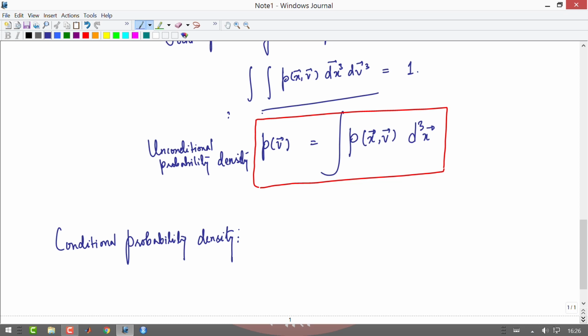Now here you are not saying that I don't care about the remaining subset of the random variables. If you want information on x, you are also fixing the information on v, and vice versa.